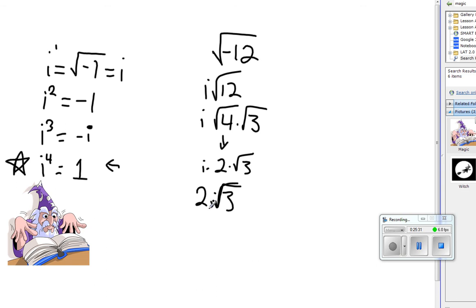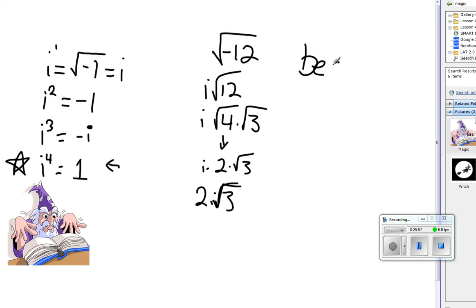This should be like a band name. 2i square root of 3. It's kind of long. Well, yeah. i could be a band name. That's lame. It is lame. It's too much of a ripoff of One Direction.